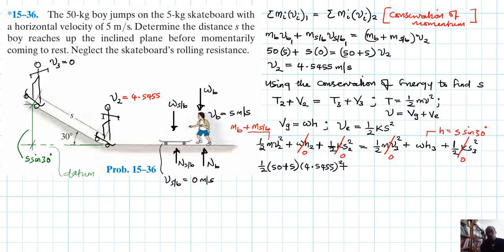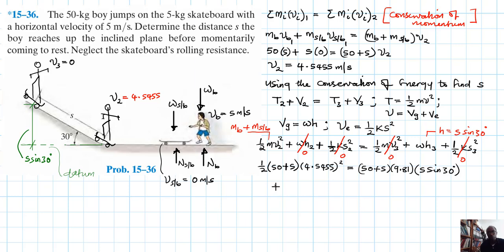This is equal to 50 plus 5, by 9.81, by s sine 30.